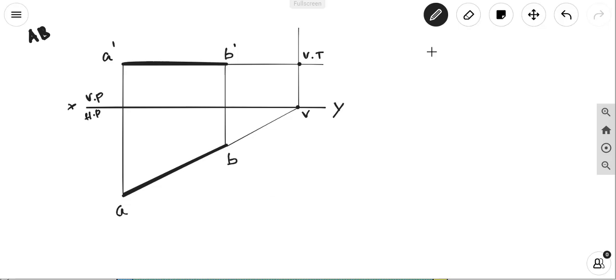This is how you draw the projections when you are asked to also draw the projection of the vertical trace.